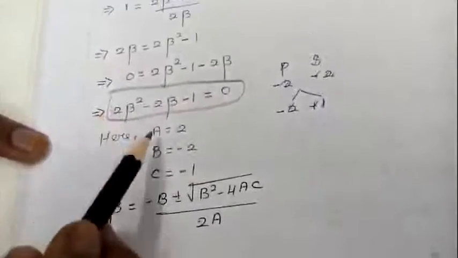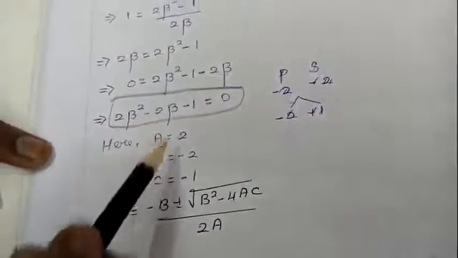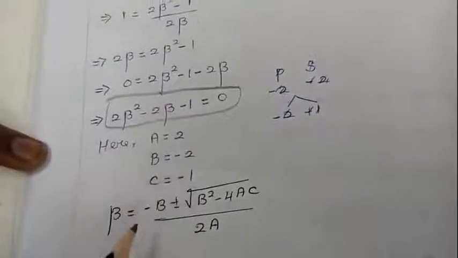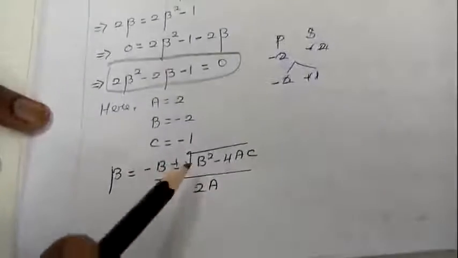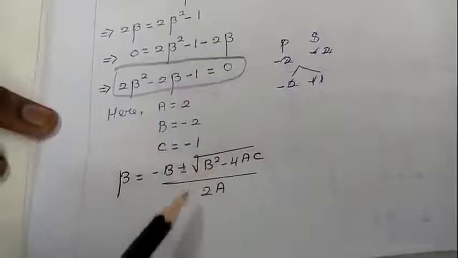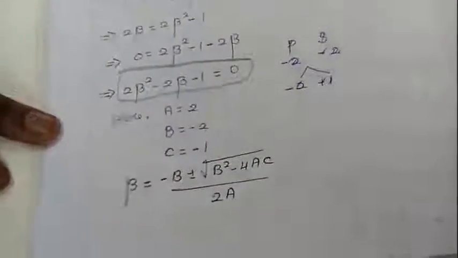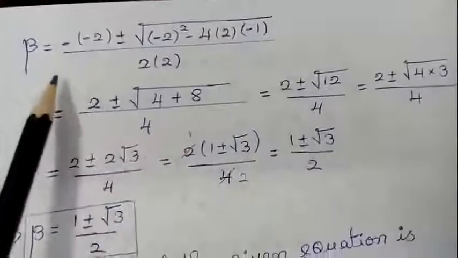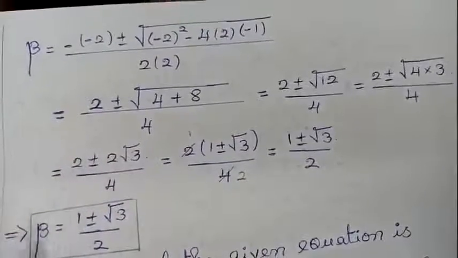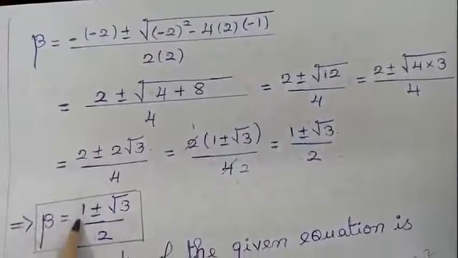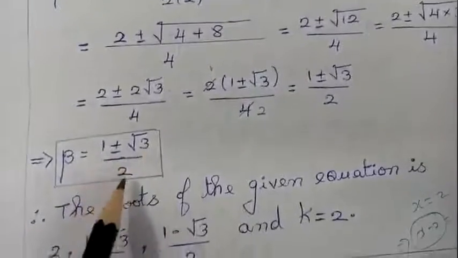From this, A I am going to take as 2, B equal to minus 2, C equal to minus 1. Quadratic formula: minus B plus or minus root of B square minus 4AC by 2A, to find the value for beta. After calculating, applying in the formula, you will get beta equal to 1 plus or minus root 3 by 2.